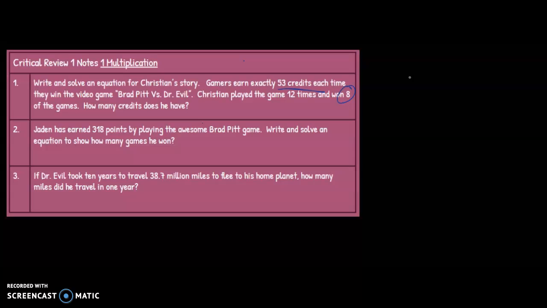So I'm going to think of that 38.7 million as just 38.7. I could do 38.7 divided by 10, and then I could work that problem out. But there's a shortcut.